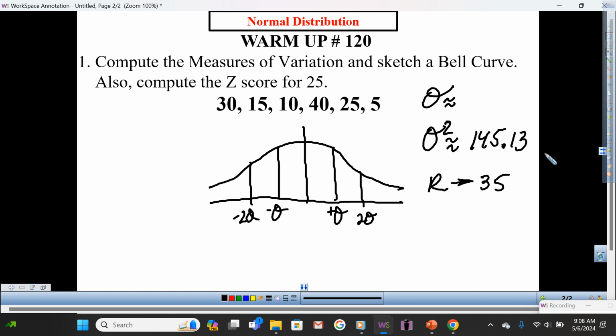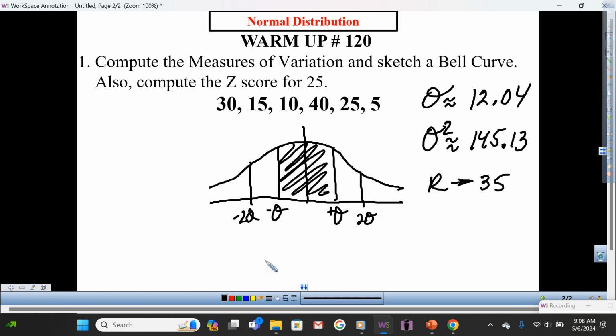Plus minus like 1 or something like that? Yeah. Standard deviation, pass someone. Areli. 12.04. Okay.